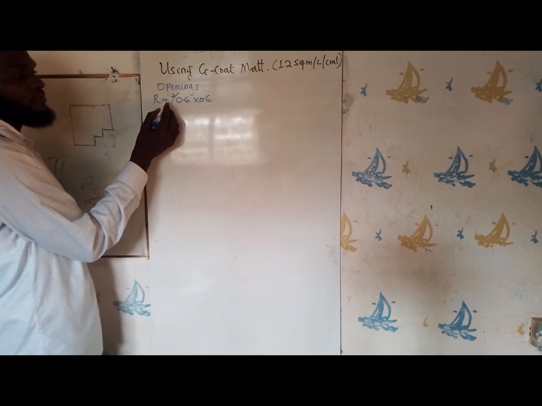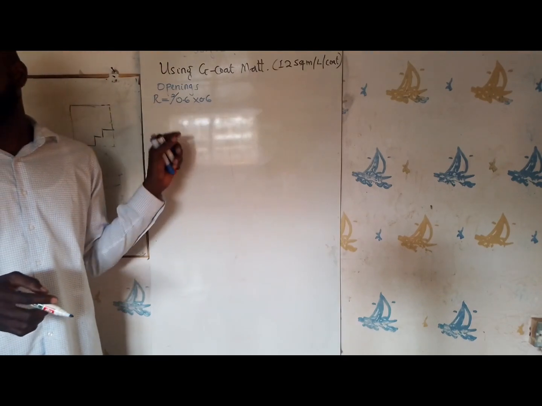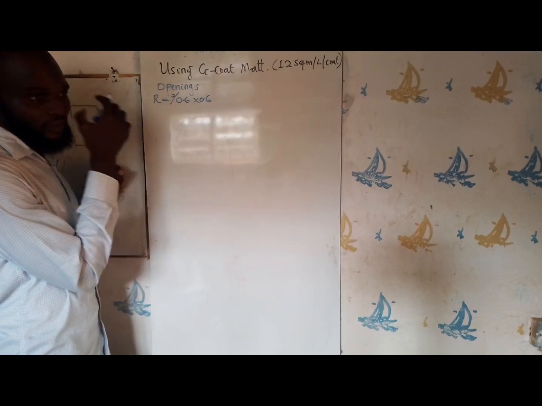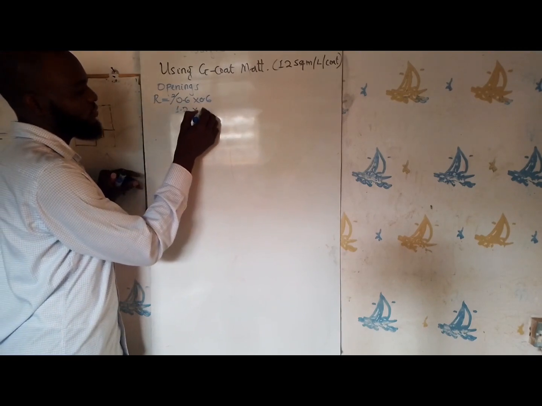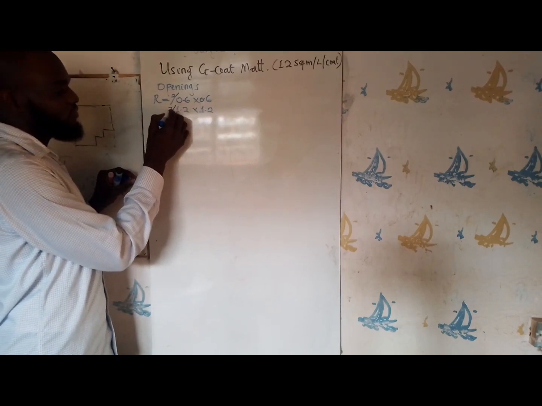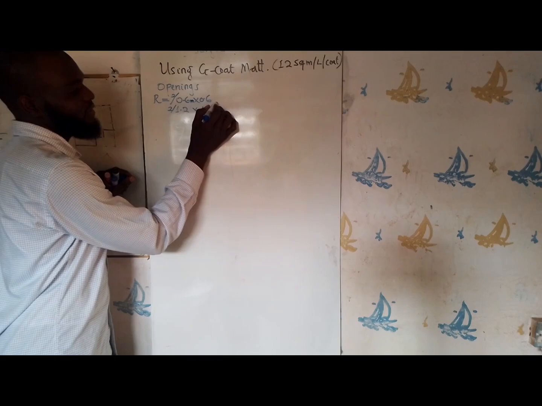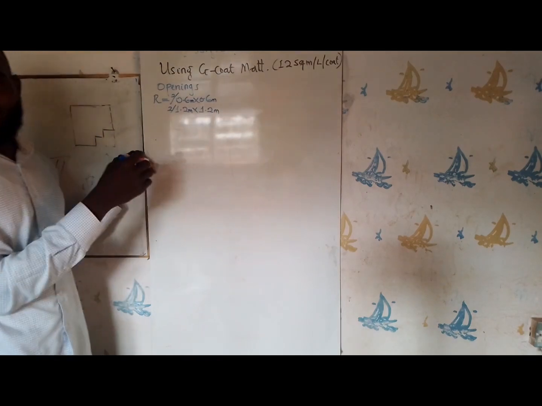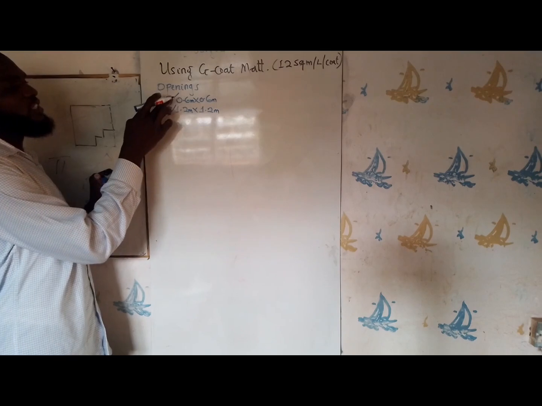Okay. On the first floor, how many door openings do we have? We have 4. So let's have them. What are our sizes? First one, 1.2 by 1.2. That one is also times 2. Mind you, all these are in meters. So we have 0.6 by 0.6 in 2.